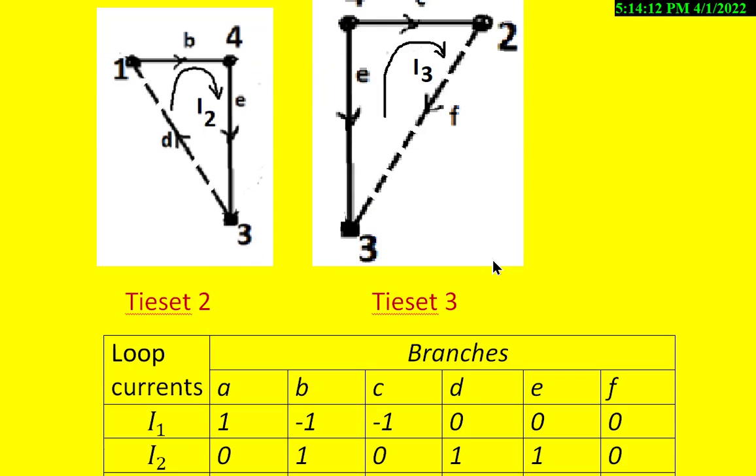So once we know this, look at whether the branch current and loop currents are flowing in the same direction or opposite. If the current flowing in the branch is the same as the loop current, then the sign we get is +1, whereas for the other direction it will be minus.